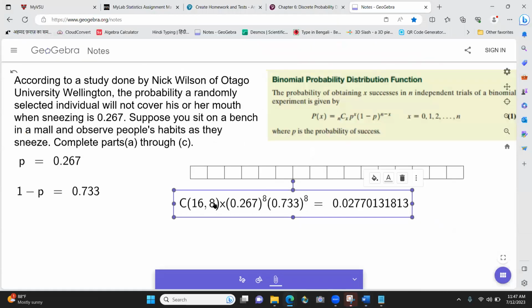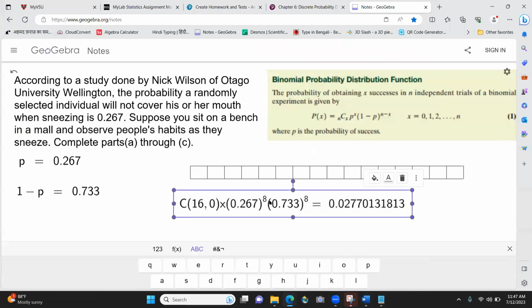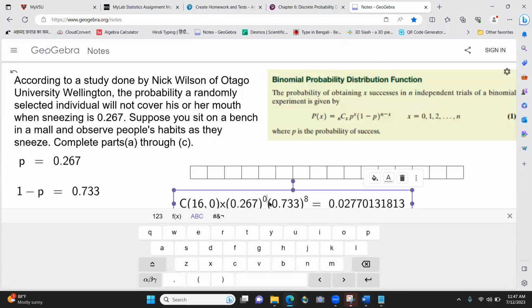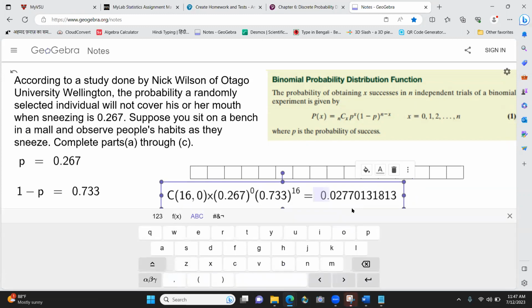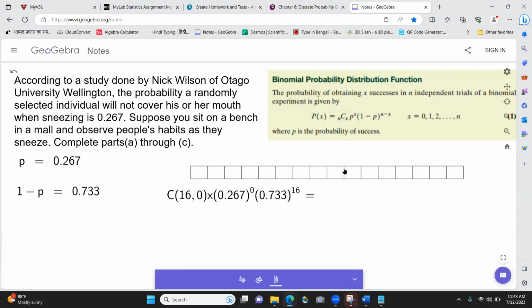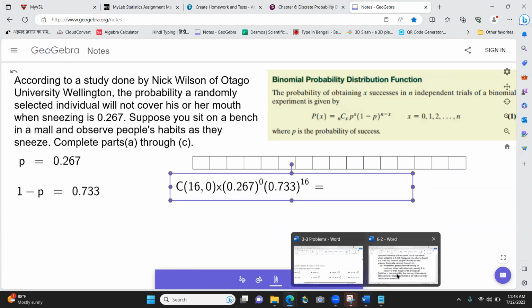So I will take this, 16 choose 0, and this will be 0, and this will be 16. And I'll tell you, this answer is not going to be valid anymore. This really plays tricks with your brain, this problem. So what I have to do is, let me bring this question here.